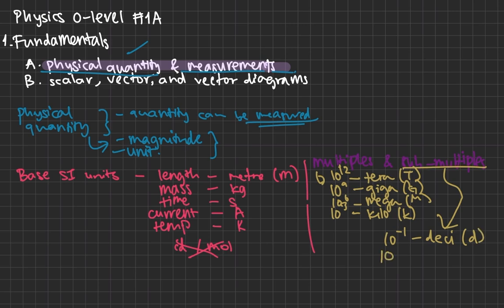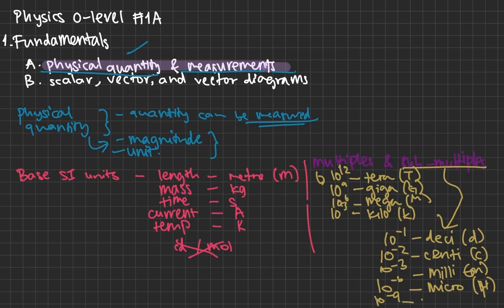Then 10 to the power of minus 2 would be centi. 10 to the power of minus 3, milli. Then 10 to the power of minus 6 would be micro. And 10 to the power of minus 9 will be nano.